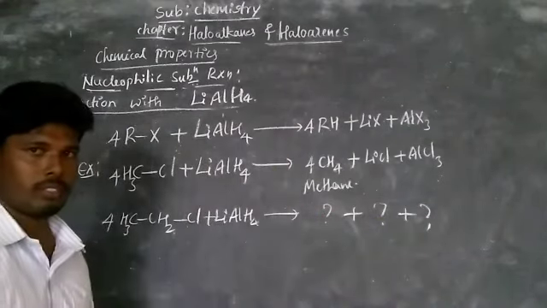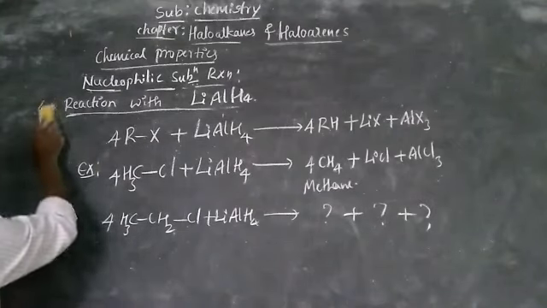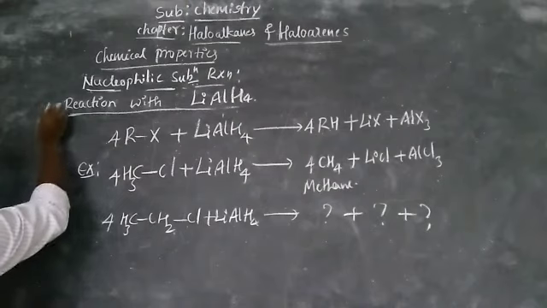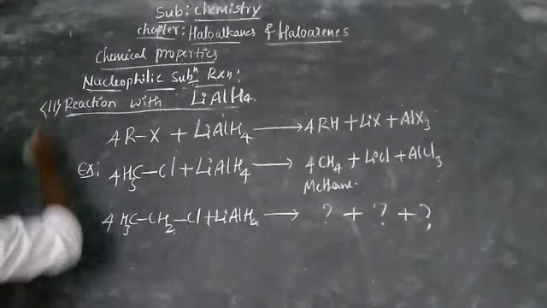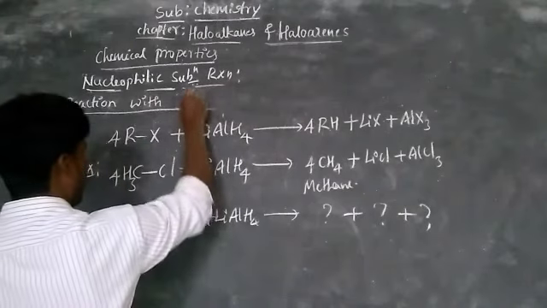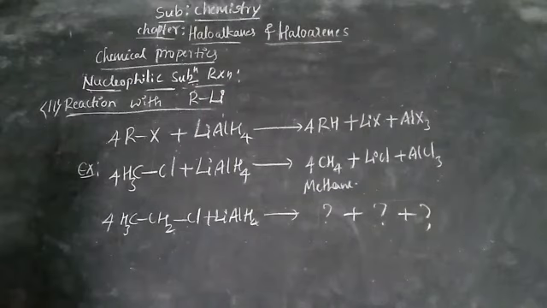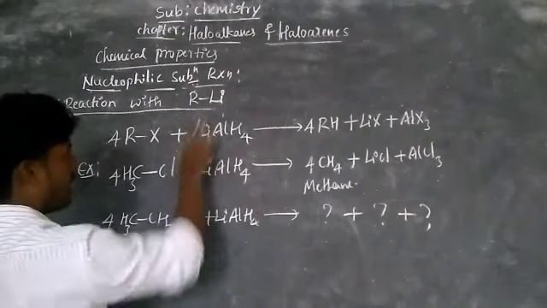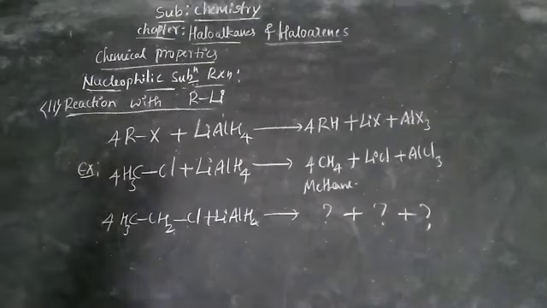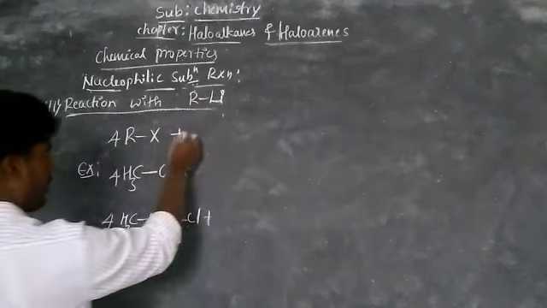Similarly, the next one is reaction with organolithium compound, the 11th one, reaction with alkyl lithium, RLi. Just in place of lithium aluminium hydride, they are writing RLi.